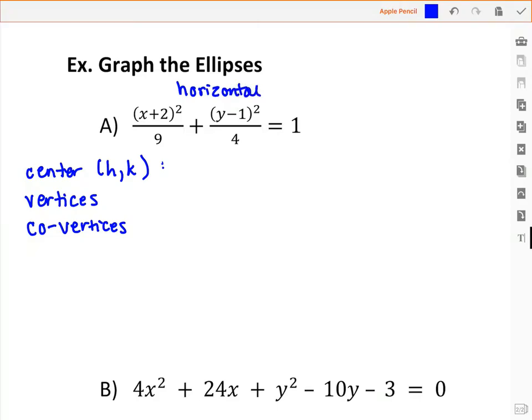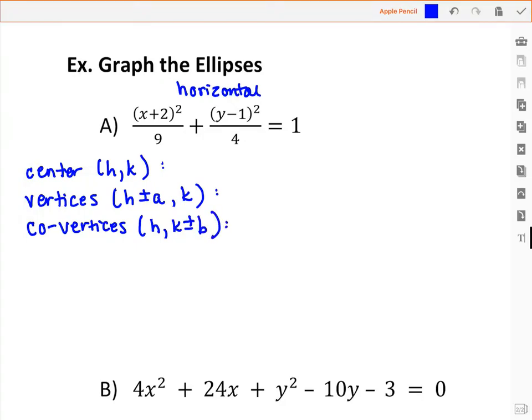Because it's horizontal, the vertices will be at h plus or minus a, comma k, and the co-vertices will be at h, comma, k plus or minus b.